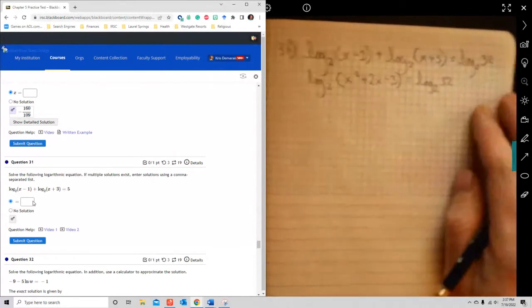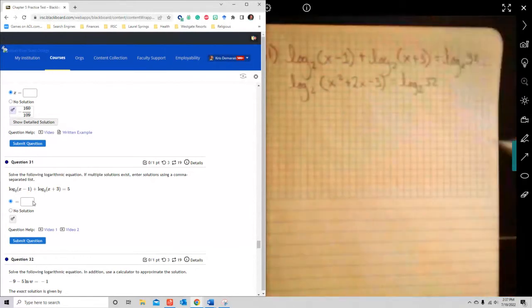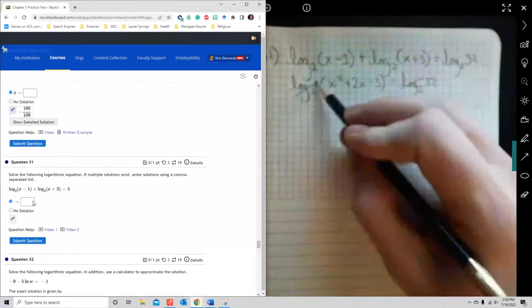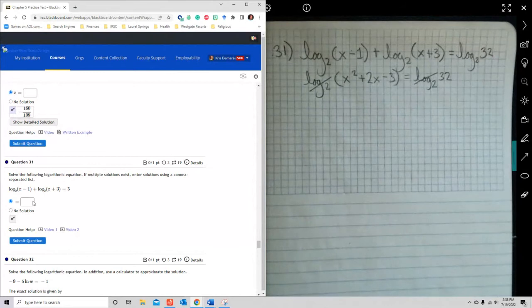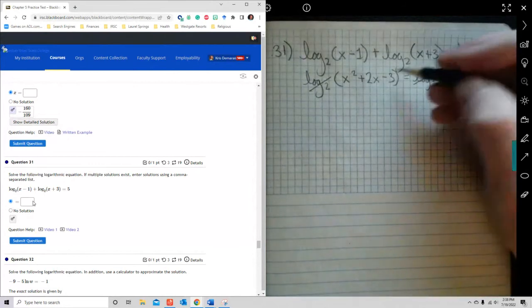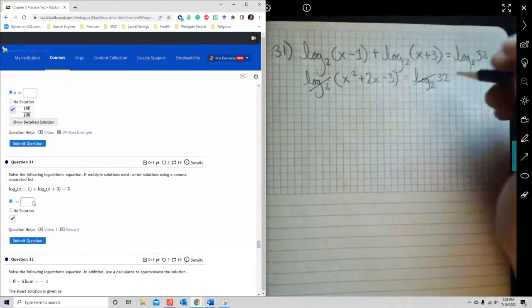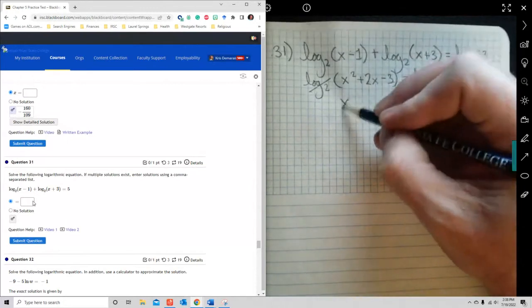And since these both now have the same exact log, I'm going to eliminate the logs. Now we're going to go ahead and set this equal to that. And so we're going to get this.